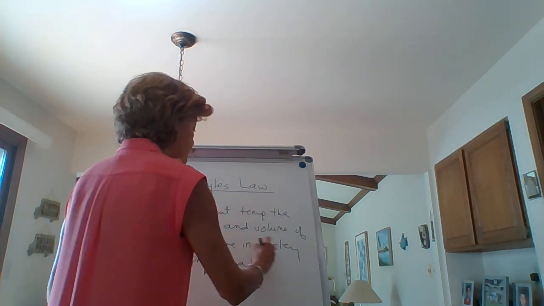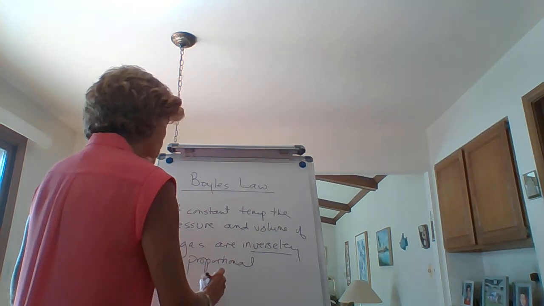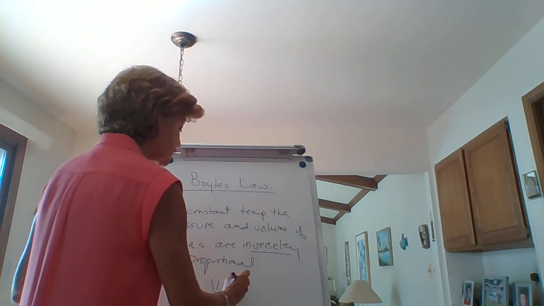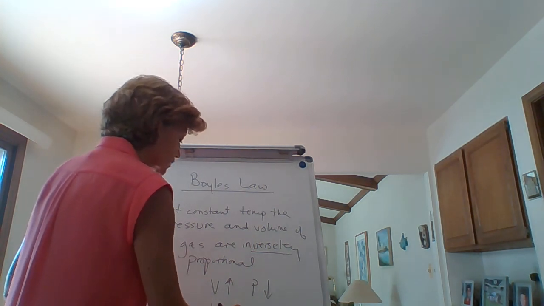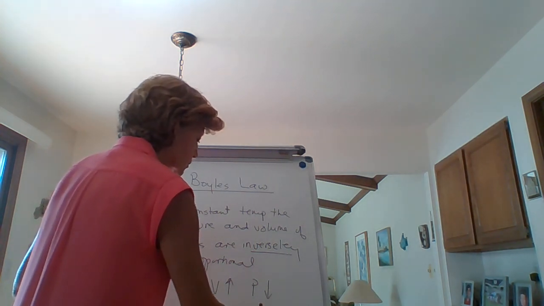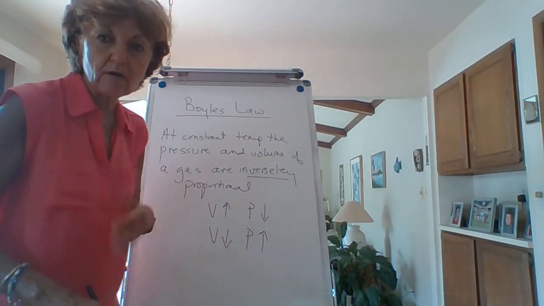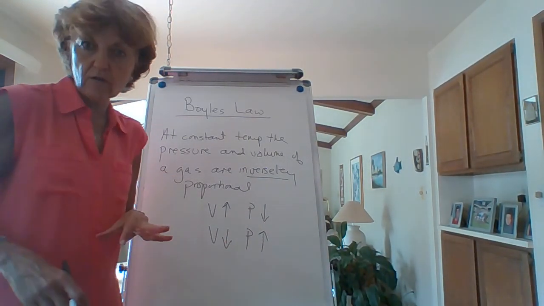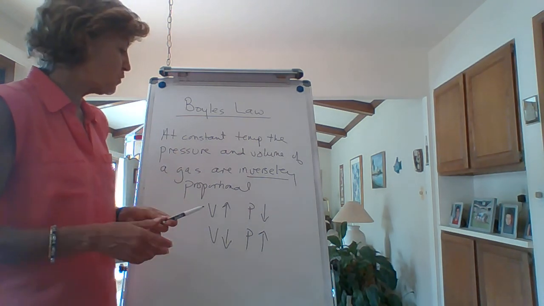What does inversely proportional mean? It means that as the volume goes up, the pressure goes down. As the volume goes down, the pressure goes up. So as one goes up, the other goes down. As one goes down, the other goes up. That's what inversely proportional is, okay?